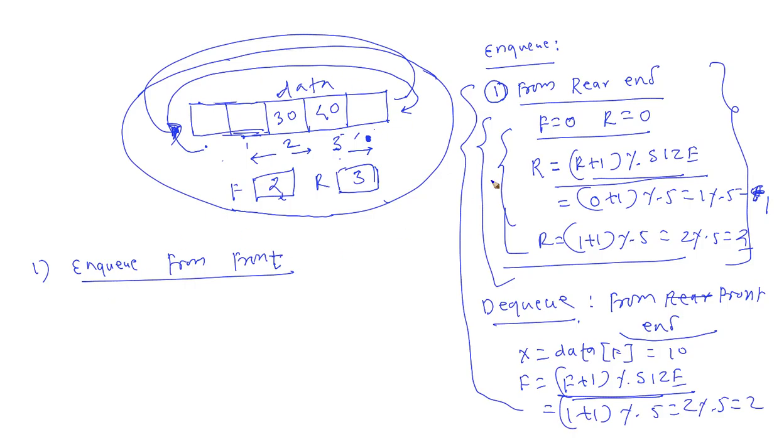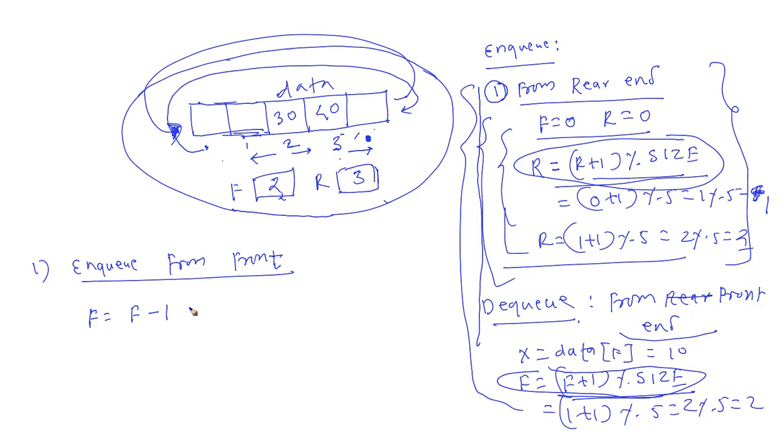So the increment in the normal circular Q was in this fashion, using this formula for F as well as for R, right? In this doubly-ended queue, where we are enqueuing from front and rear, our f should be decremented as f minus 1 plus size, mod size, right?